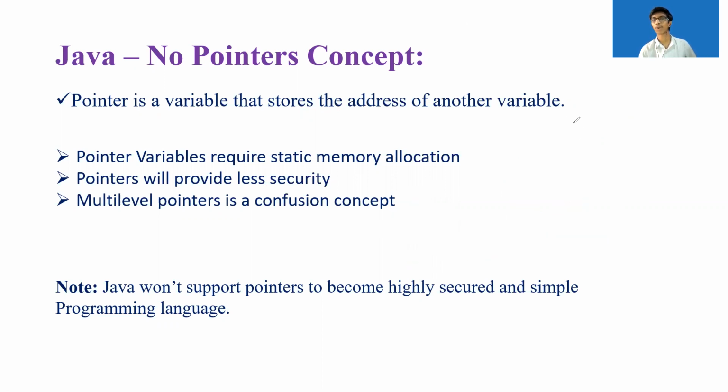Like this, if you go in depth and want to access some data in the memory location, it would be a confusing concept. So there will be no chance of confusion and no chance of less security in Java. Java won't compromise with security, and it won't provide pointers. Java won't support pointers in order to become highly secure and simple, without any confusion. So there is no concept of pointers in Java.